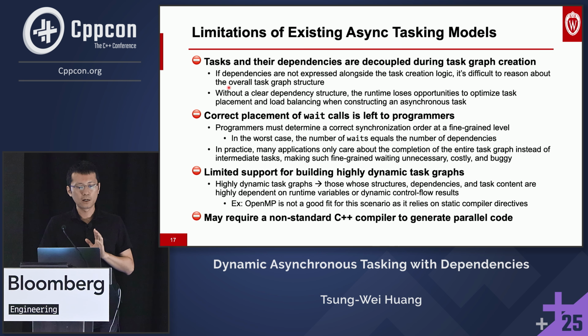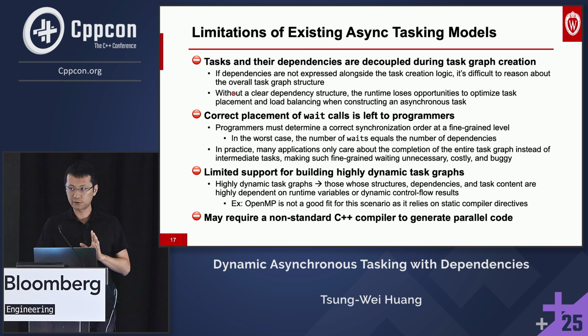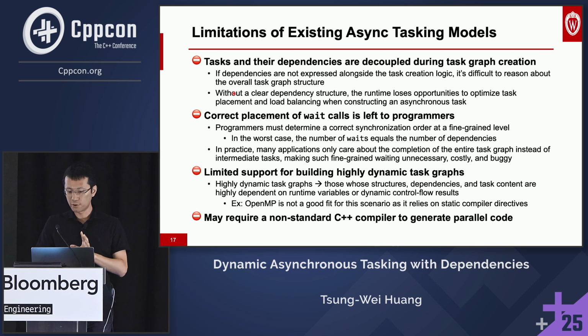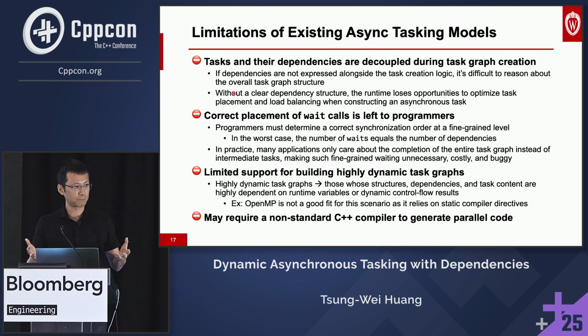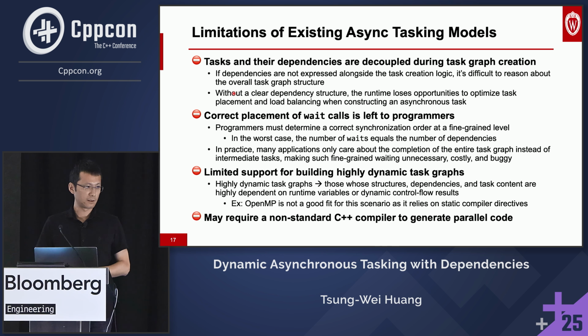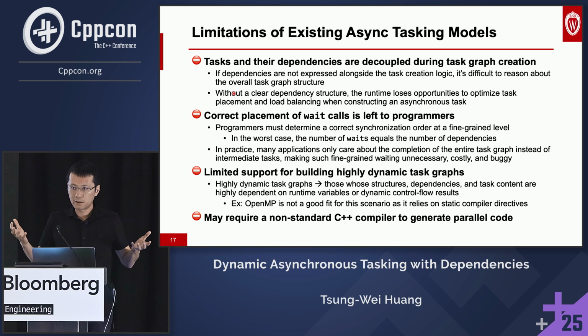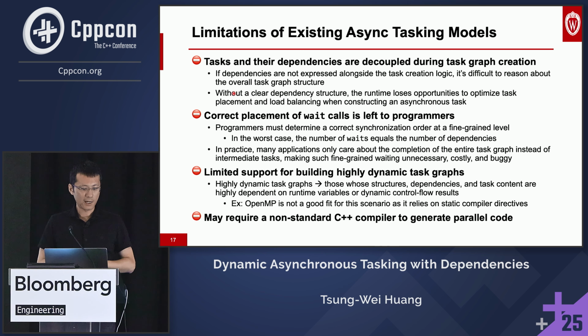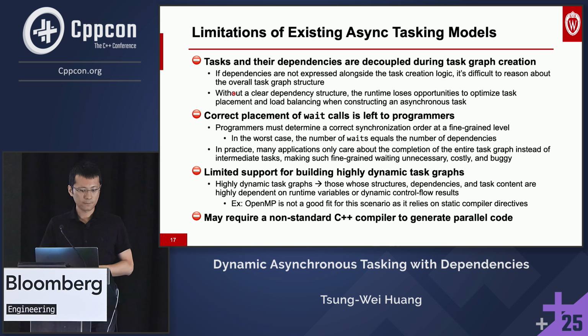More importantly, without a clear dependency structure, you don't give the runtime enough opportunities to optimize task placement and load balancing when constructing an asynchronous task, simply because it has no idea which task is going to be its successor or predecessor as part of a dependency constraint.